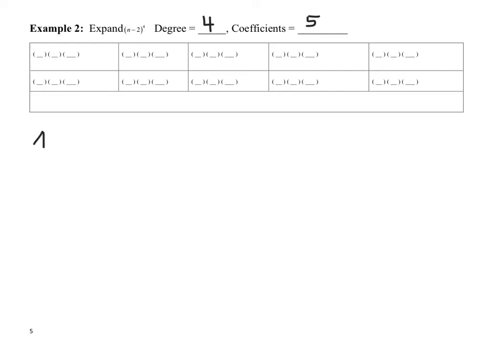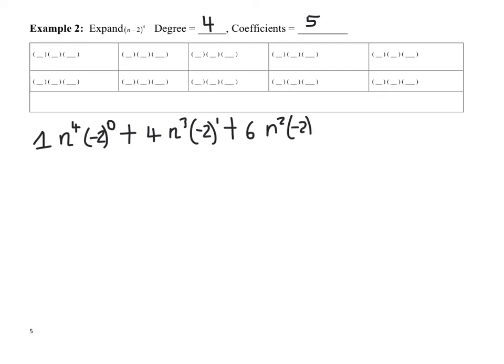So we start with 1, then n raised to 4, and then negative 2 raised to 0, plus the next one is 4, then n raised to 3, negative 2 raised to 1, plus 6 n raised to 2, negative 2 raised to 2.